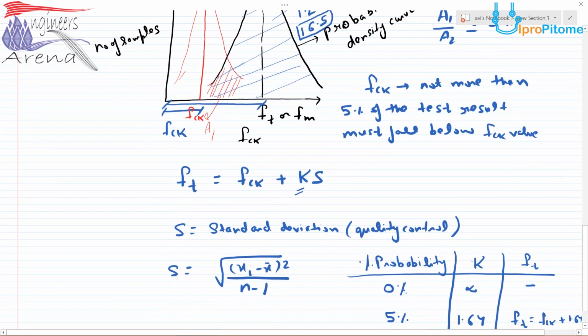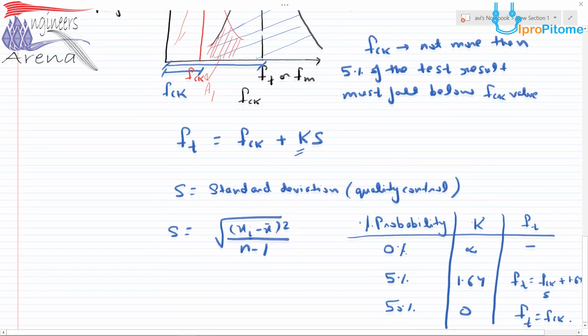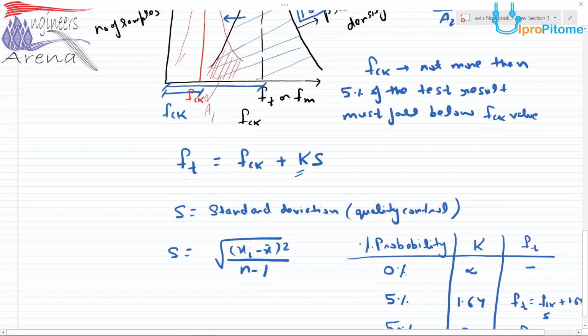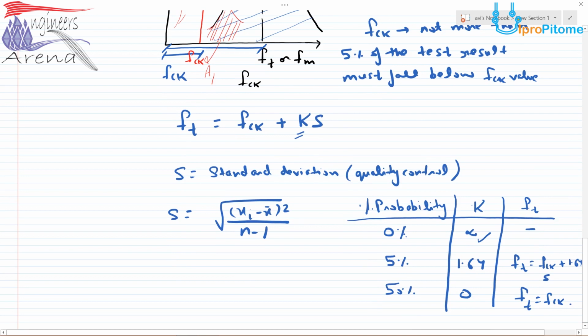Now let us analyze what we are seeing from the graph. If we are decreasing the value of k from infinity to 0, what is happening? First ft was infinite and then it is reduced to fck.